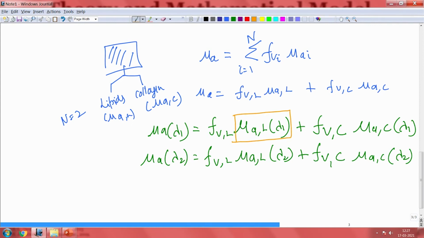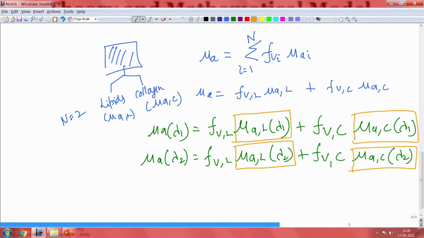Actually, we know it for most of the wavelengths in the range that we are operating. So we know the absorption coefficient of lipid at a certain wavelength. We also know the absorption coefficient for a second wavelength. We know the absorption coefficient for the collagen for the first wavelength, and similarly we know the absorption coefficient for the second wavelength.